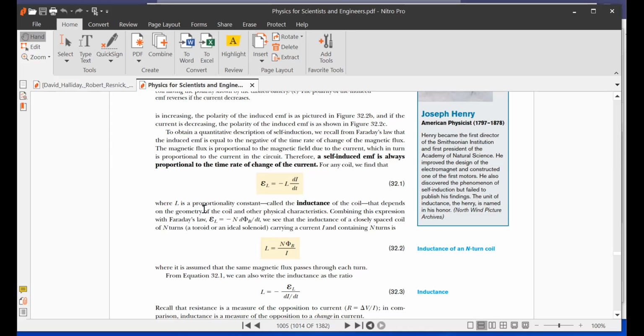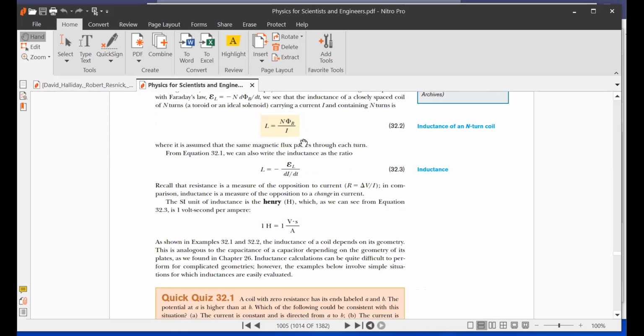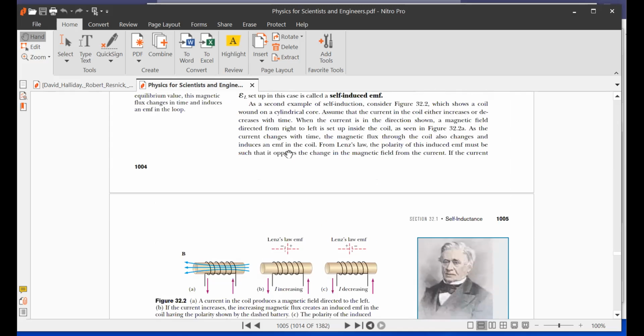If we equate equation 32.1 to the Faraday-Lenz law in the preceding section, we get equation 30.2. We can express L in terms of the N-turn wire and the flux phi B over I, where I is the induced current flowing through this solenoid.